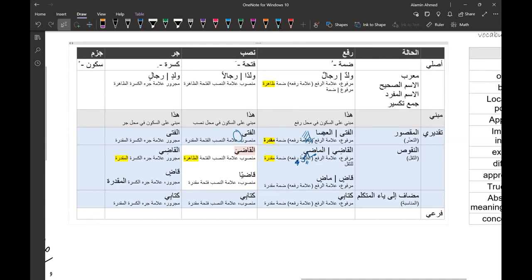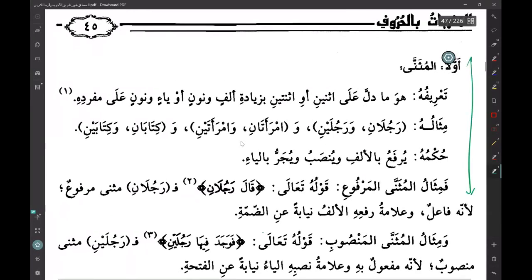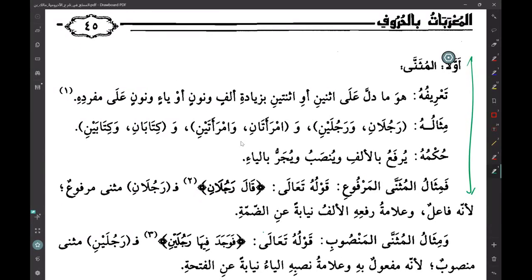Now I have to talk about the muthanna. The definition of muthanna says: huwa ma dalla ala ithnain aw ithnatain. These two words you have to know. Ithnan is 2, and ithnatani is also 2. What's the difference, guys?